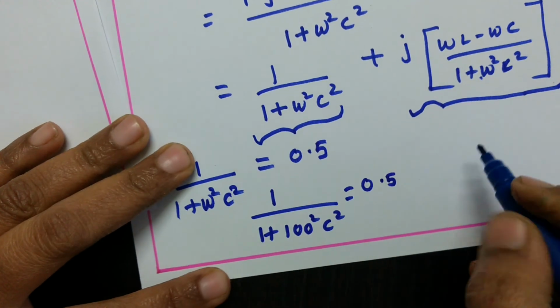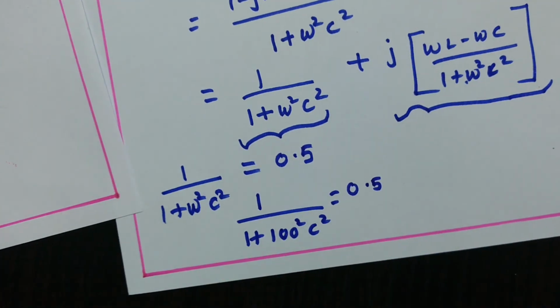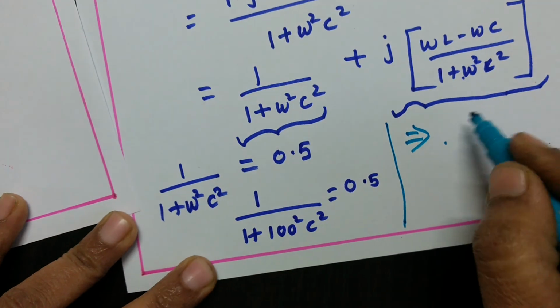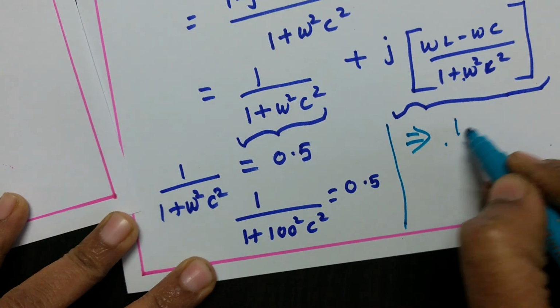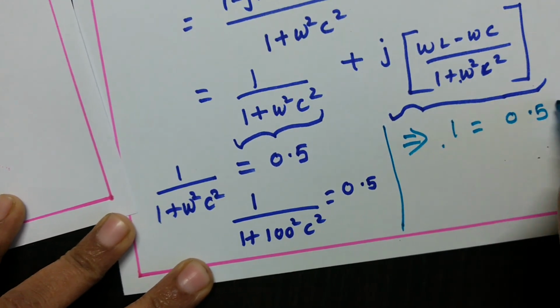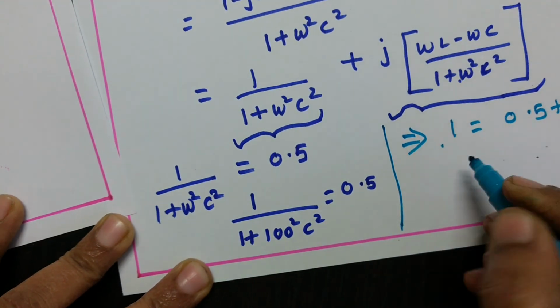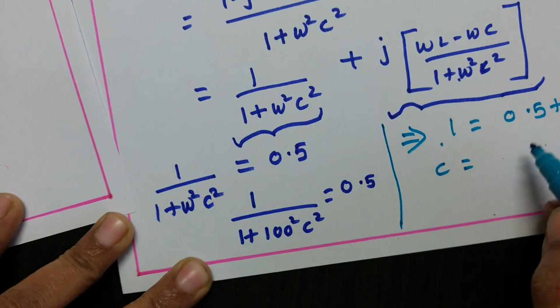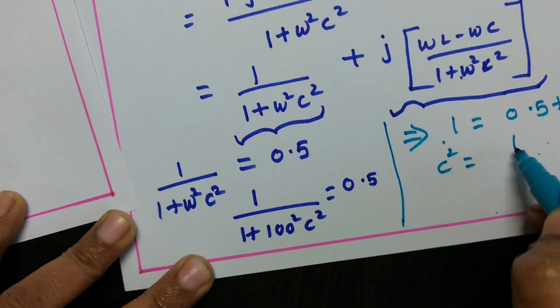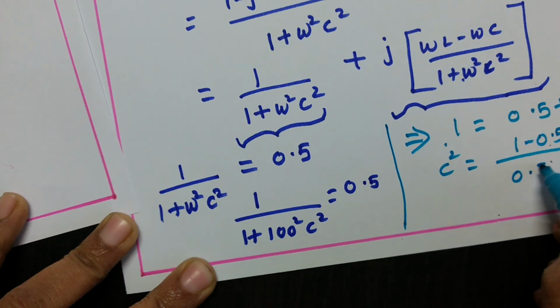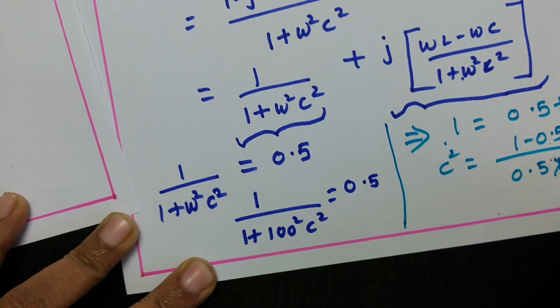So after simplification, this will become 1 equal to 0.5 plus 0.5 times 100 square C square. So C square equal to (1 minus 0.5) by 0.5 into 100 square.